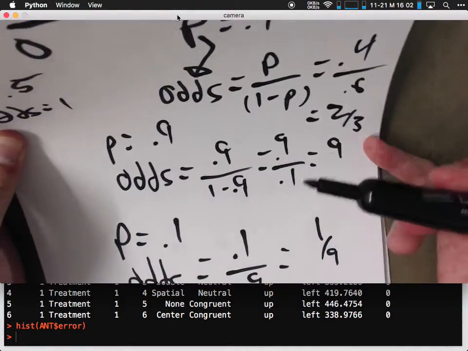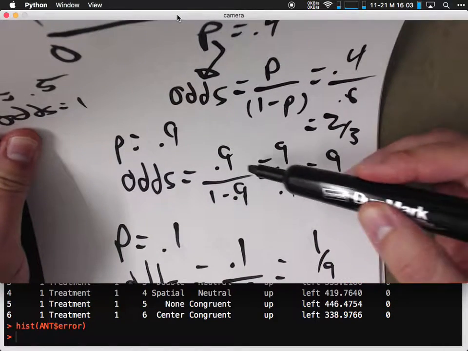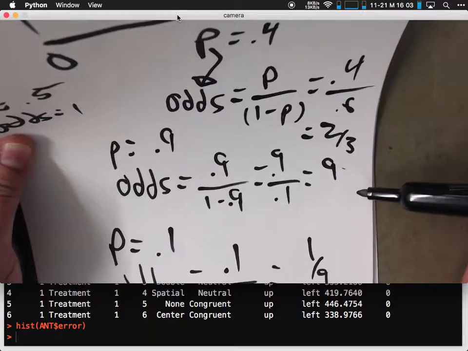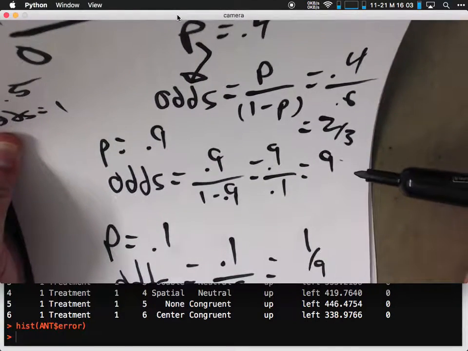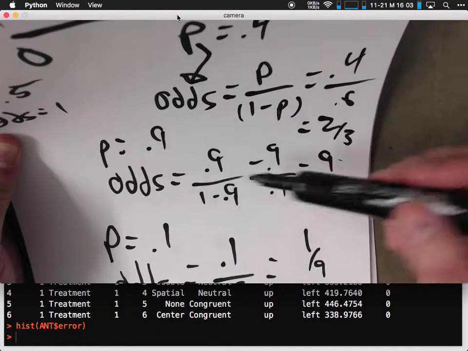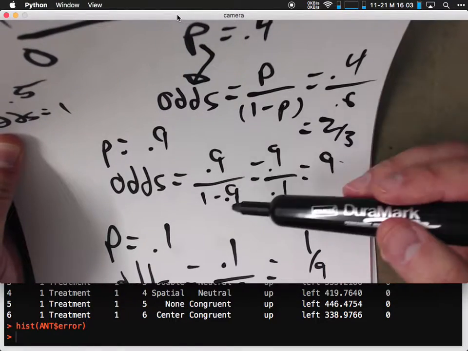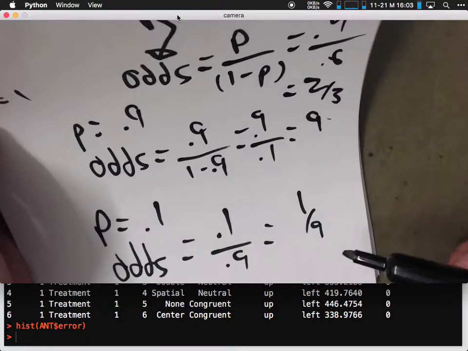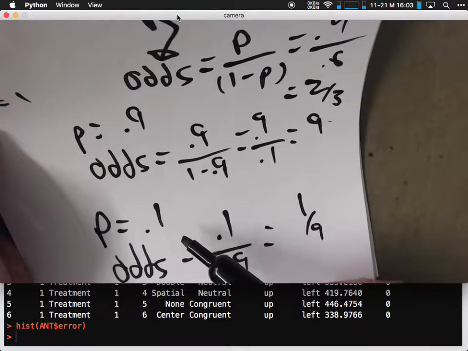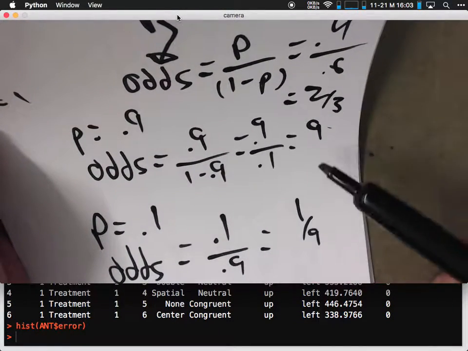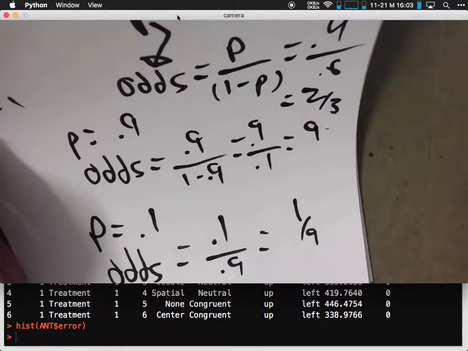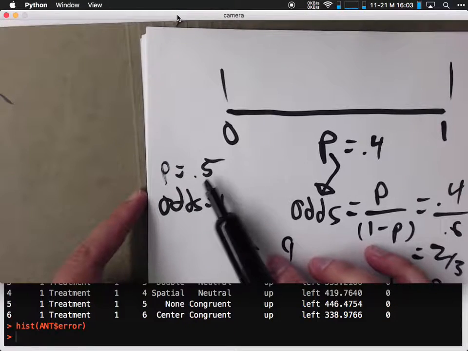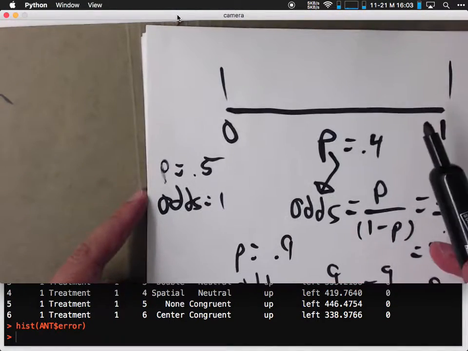So in theory, if it were 0.99999 really long, that's going to be a number really close to infinity, but not quite infinity. And as soon as you put a 1 up there, it just becomes undefined. So the scale is going from really low probabilities yielding zeros to really high probabilities yielding really large numbers. And then the special case of equal probabilities is an odds of 1.